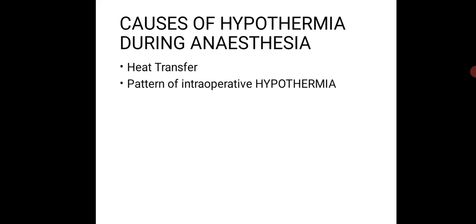The volatile anesthetic agents cause vasodilatation via direct peripheral action. The anesthetic-induced vasodilatation increases cutaneous heat loss, but only slightly. The anesthetic reduces metabolic rate. How much? About 20 to 30% reduction in the metabolic rate.